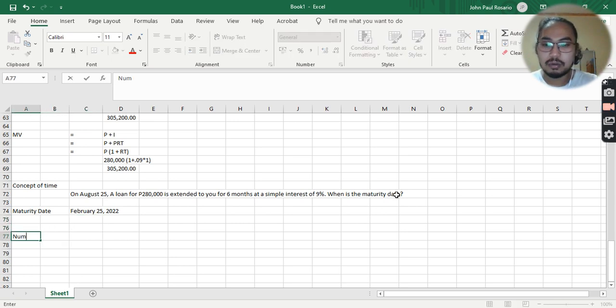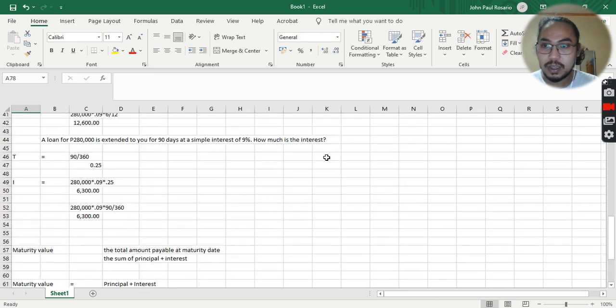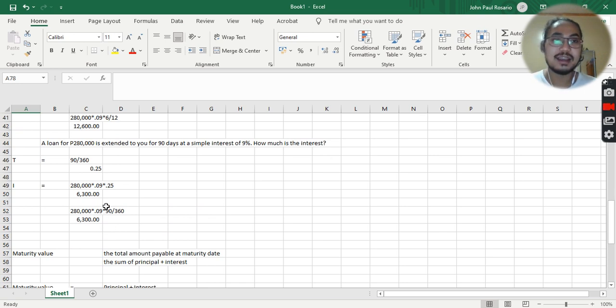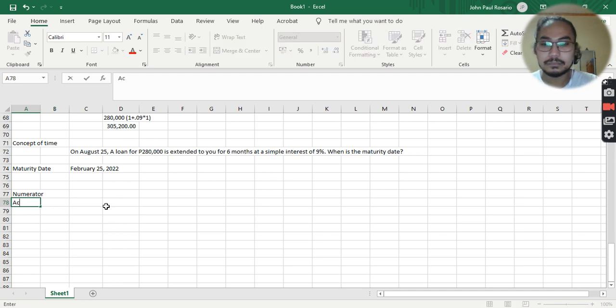For the numerator, in the formula, the numerator is the length of time of the actual borrowing, and the denominator is expressed in years. For days in the numerator, there is actual time and there is approximate time.